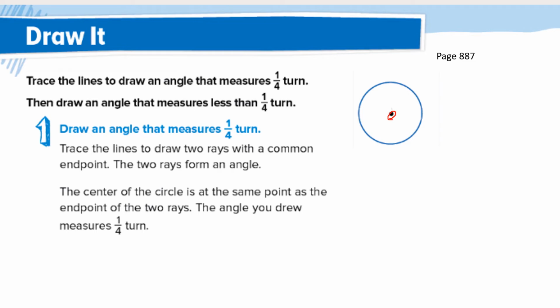And you need to go 1/4. Another way to think of this besides a clock is to think that this circle is divided into 4 equal parts. And so when we draw it, we can see here that we have 1/4 of a turn.